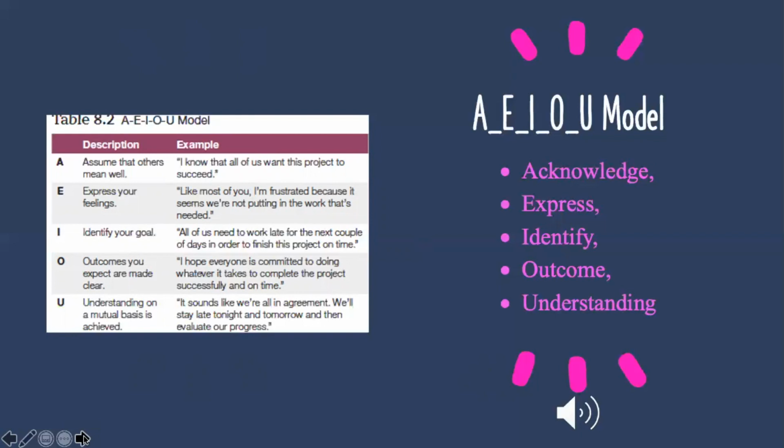So now that we know what the AEIOU model stands for, we need to understand that it can be used to resolve a variety of standoffs within team environments, in the workplace, issues between employee and employer, peer-to-peer issues, having to do with organizational groups, founder, co-founder, and it really helps the group or the client work through this confrontational mindset.